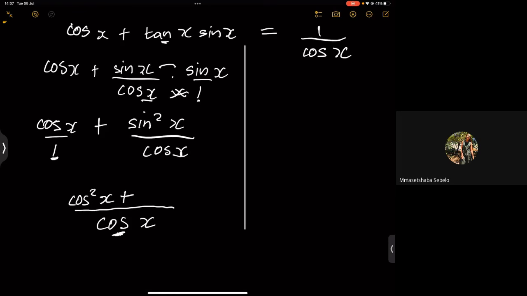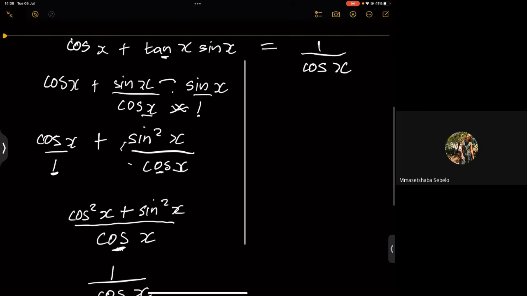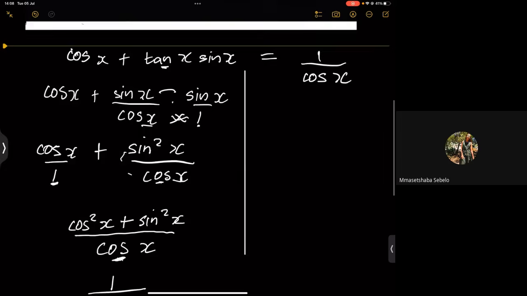So you've got cos x divided by cos x, which will be 1, multiplied by sine squared of x, that will give us sine squared of x. And guess what? We've got cos squared of x plus sine squared of x, which is equal to 1. And we've got 1 over cos x. And what do we notice again? We've got left-hand side equal to right-hand side. Okay, right. Let's move along very, very swiftly.